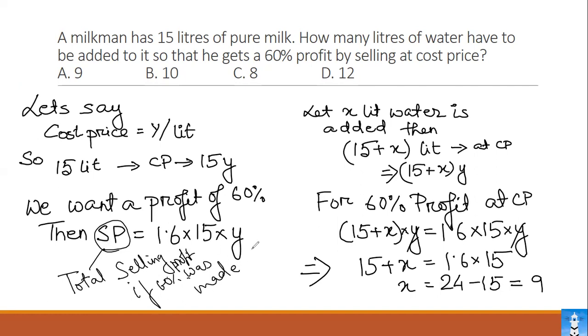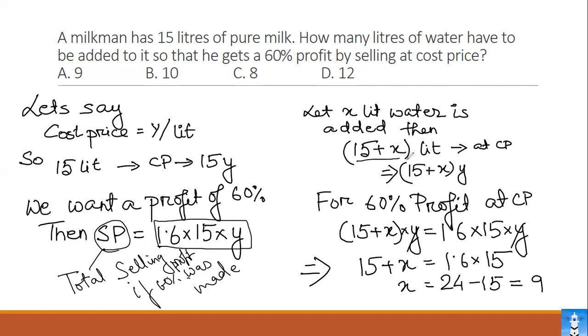So this is the total selling price of whatever 15 liters if 60% profit was made. This amount has to be obtained by selling at Y. So how much water would have to be added? Some X amount. What is that X amount? We have to find it out. And this is the way we are finding it out.